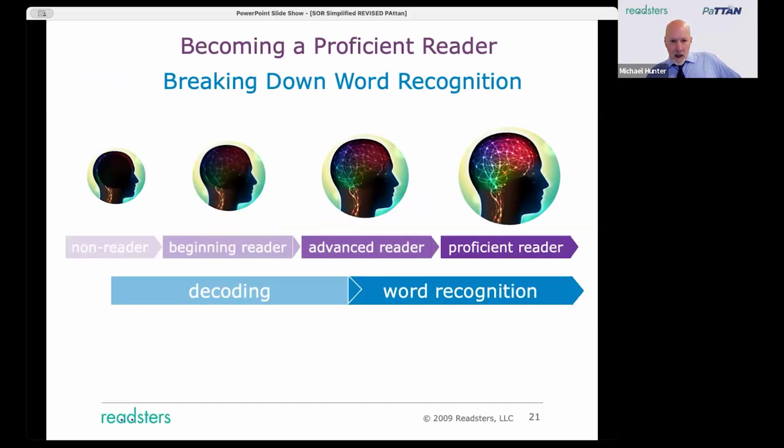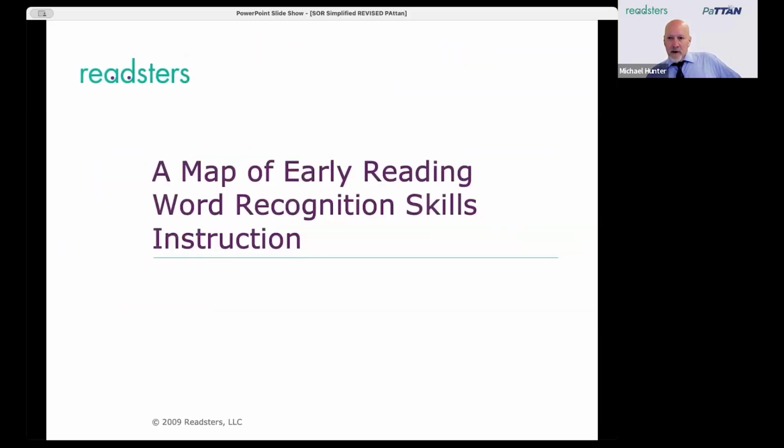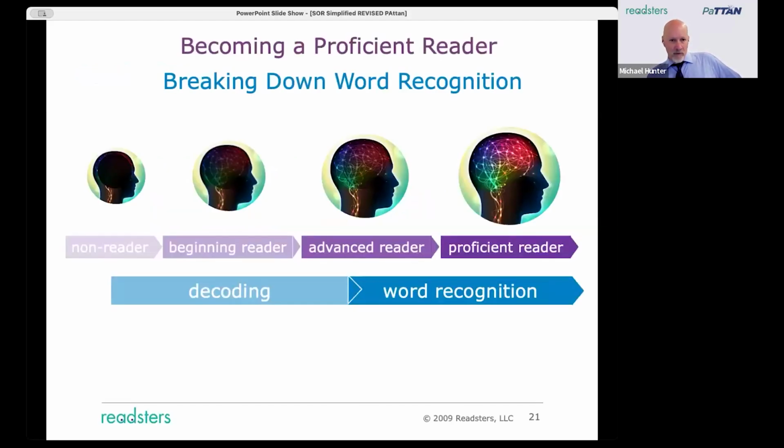Okay. So I want to now start thinking about what are the early reading word recognition skills that we need to teach, now that we've laid that groundwork for the whole reading brain and the pieces and parts that go into it. So we're going to go back to my graphic, and we're going to think about teaching word recognition, which will start with decoding and then evolve into word recognition.